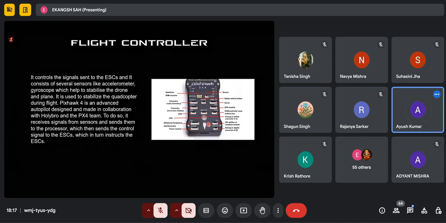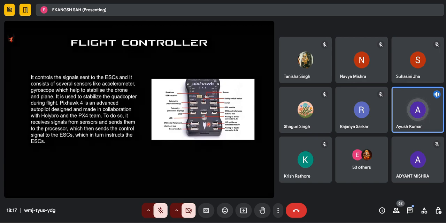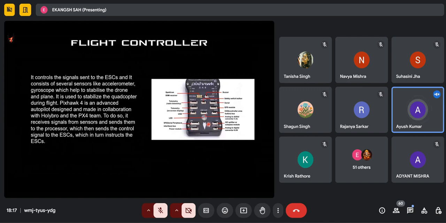Then there is an LED, which states the status of the flight controller, whether there is any error or not. Then there is USB, which is used to connect it to a computer for firmware update or calibration purposes. Then there is telemetry, providing a telemetry link to the ground control station for analyzing the telemetry data.